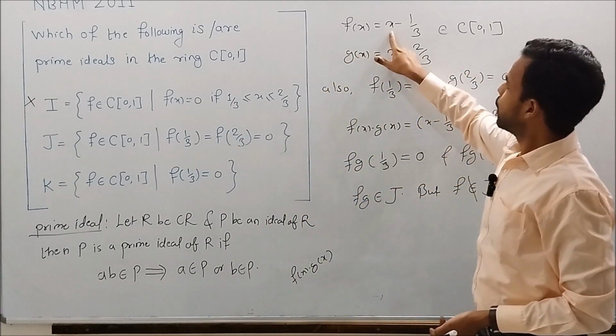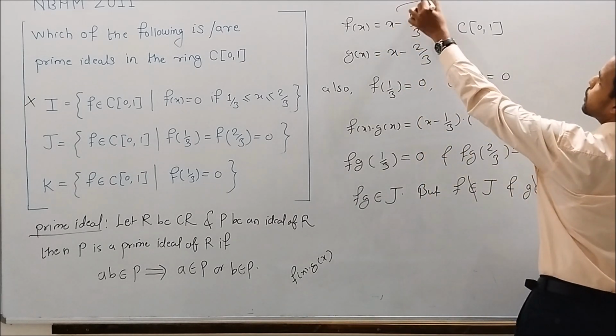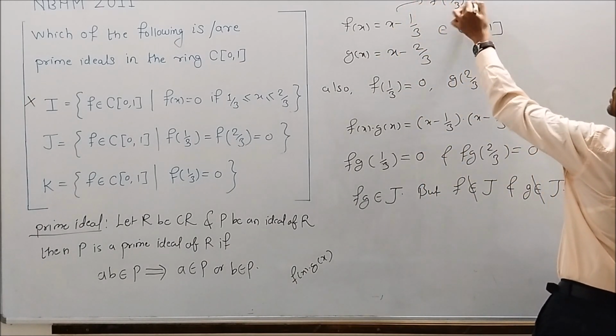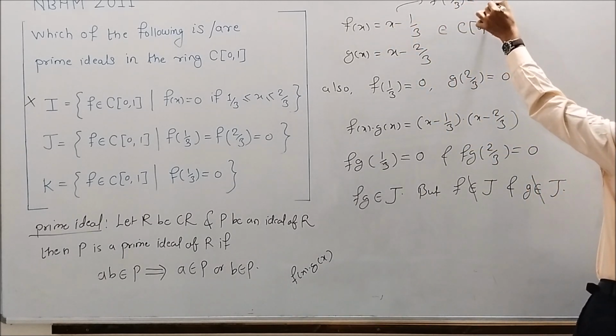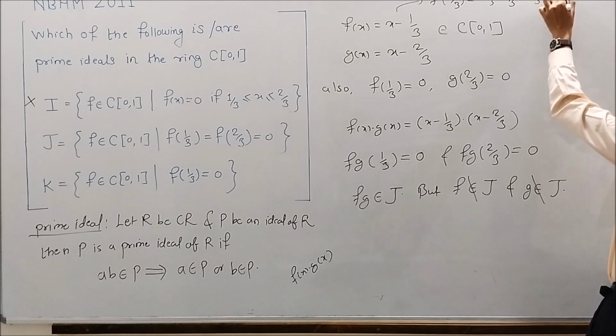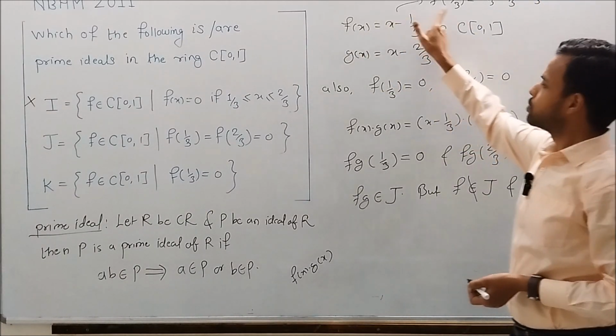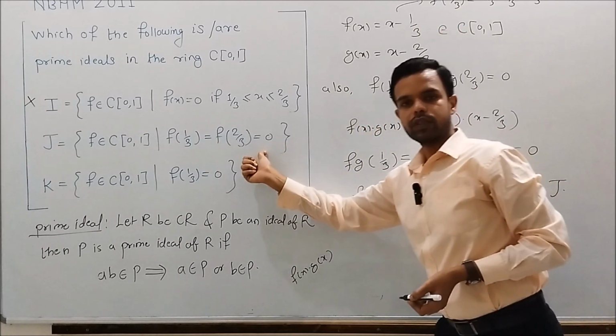Here if we substitute x = 2/3, then f(2/3) is 2/3 - 1/3, which is 1/3, not equal to 0. So f(2/3) is not 0, so f does not belong to J.